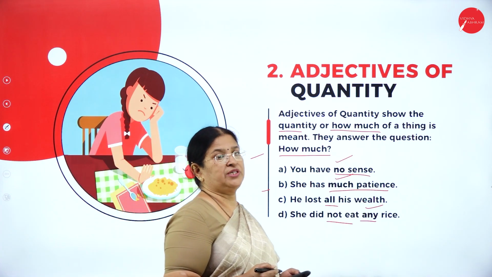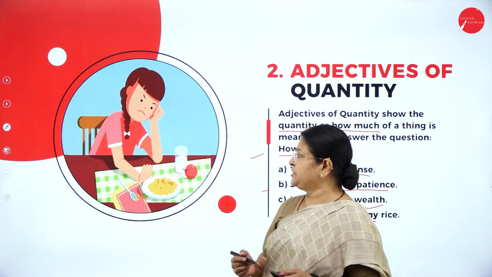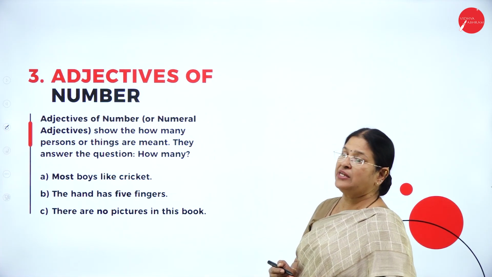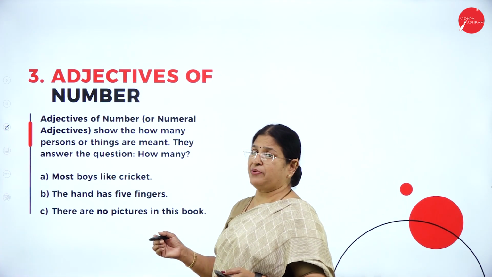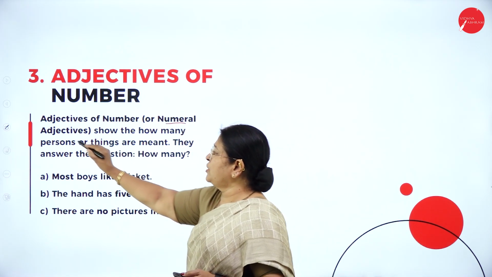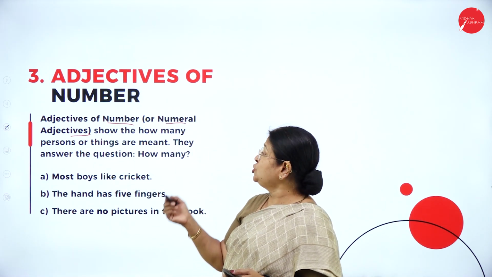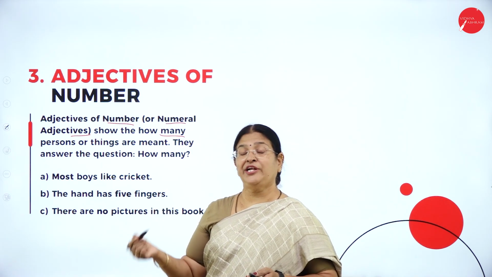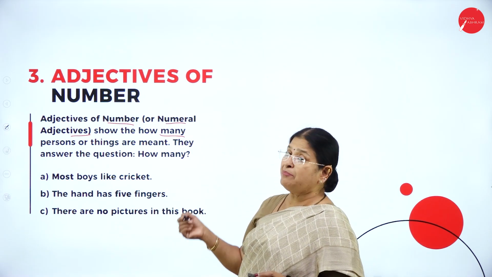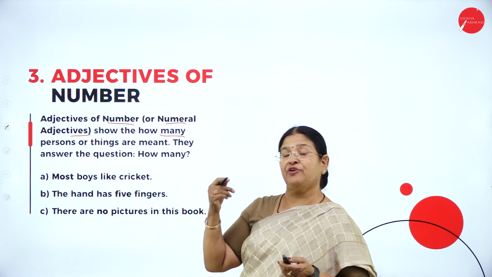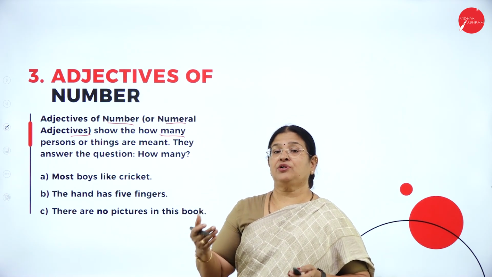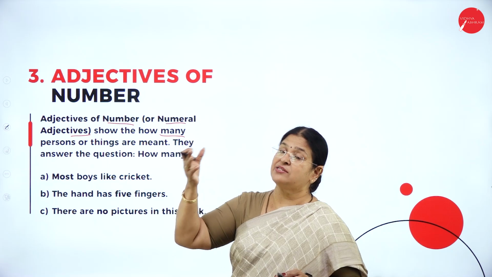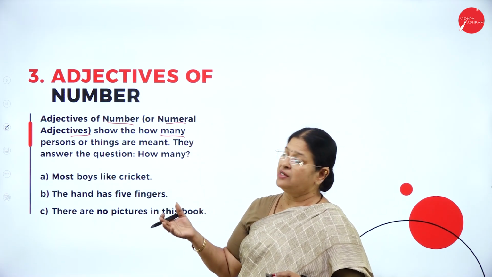Let me move on to the third type of adjective, that is adjectives of number. Adjectives of number, as I said, can also be called numeral adjectives. They show how many. Quantity means how much, quality means what kind, and number means how many. So when you pose a question, you will get the answer, that is the adjective of that particular kind.